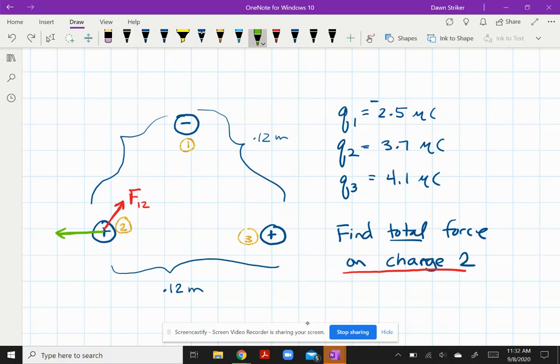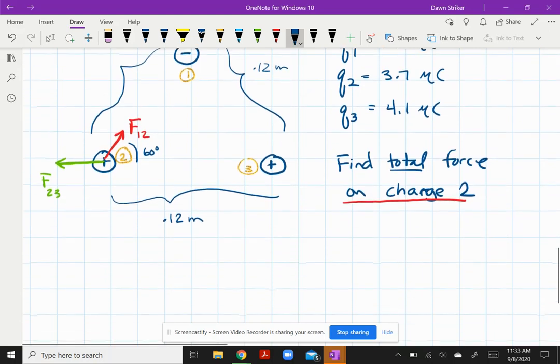So this is the force between charge 2 and 3. That's what those forces look like. I could even imagine what the angle between F12 and the x-axis is going to be. It's going to be 60 degrees. And I know that F23 is acting exactly along the x-axis in the negative direction.